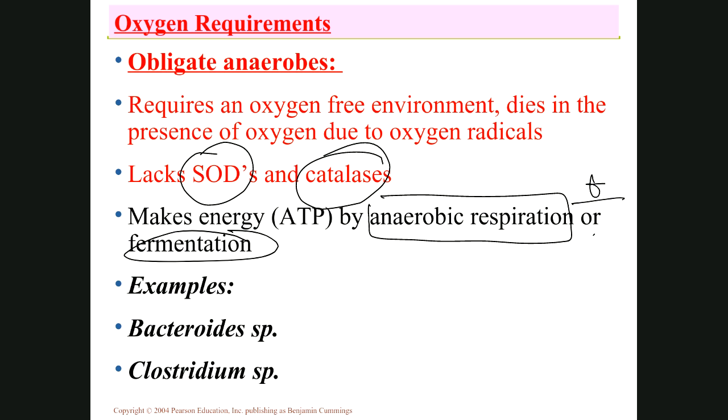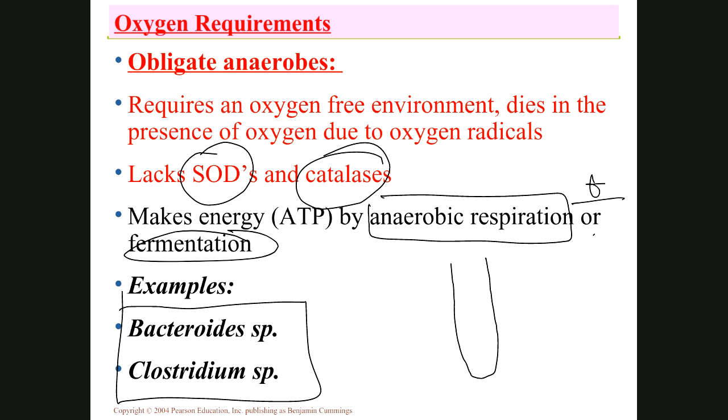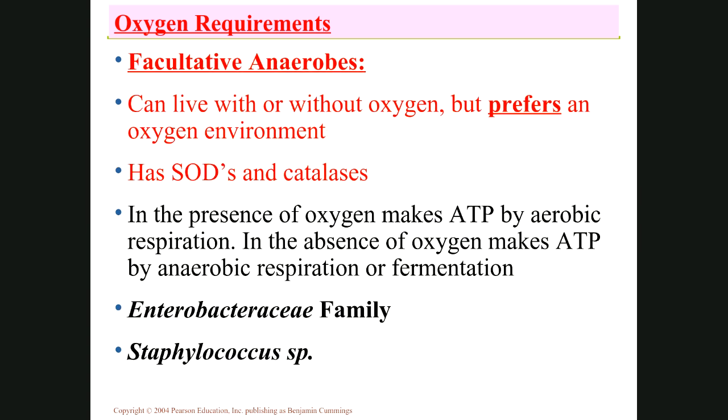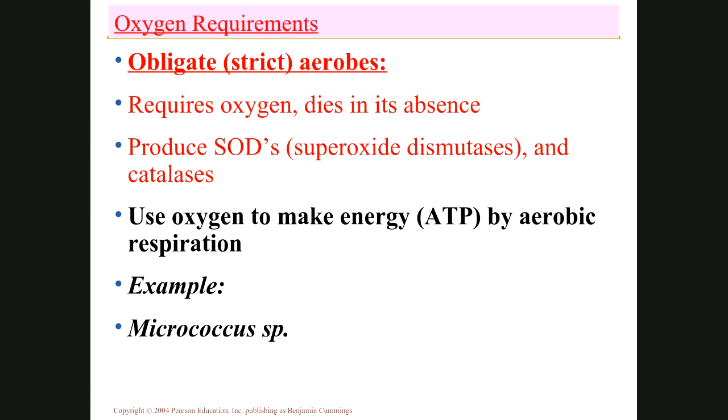Examples, members of the genus Bacteroides and Clostridium. When you grow these organisms in a tube, for example, they will grow at the bottom of the tube, away from oxygen. When you grow the strict aerobes in a tube of soft agar or thioglycolate fluid, they're going to grow on the top. Okay, so those are the two extremes.